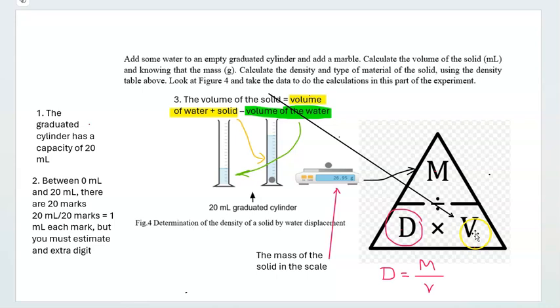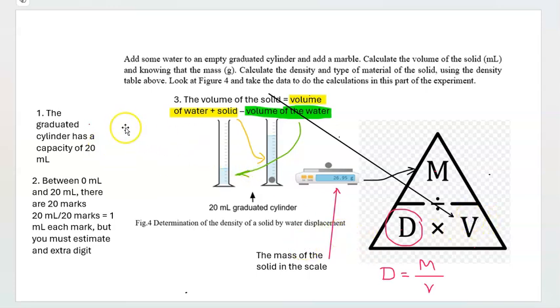You can determine the volume of the solid using this formula, and you will put it in the formula for density. Density is equal to mass over volume. As you can see, density is mass divided by volume.